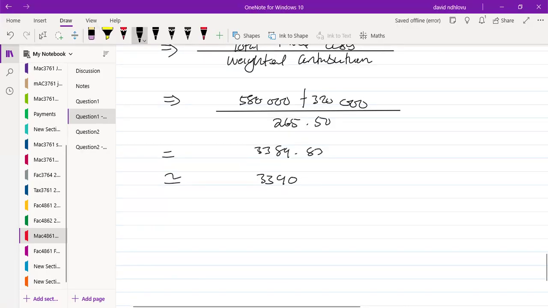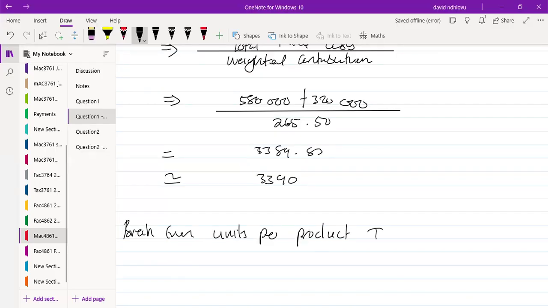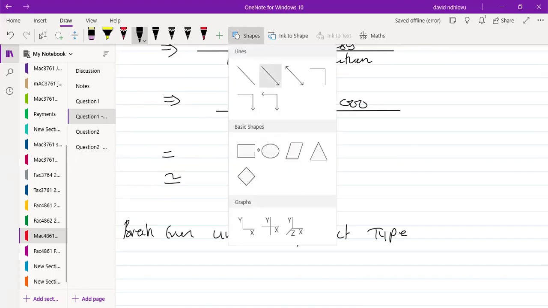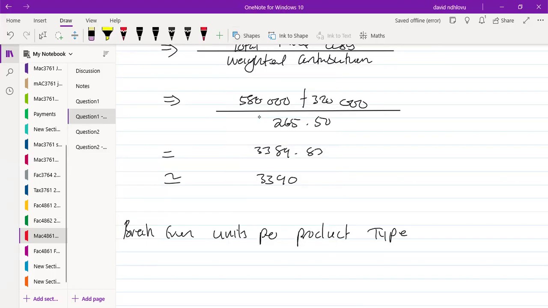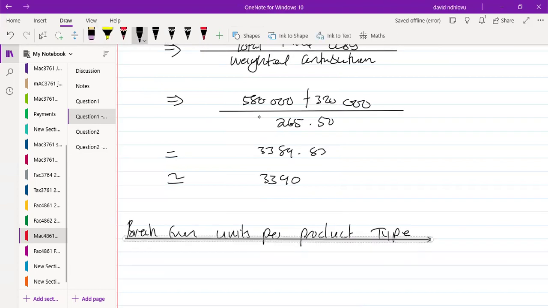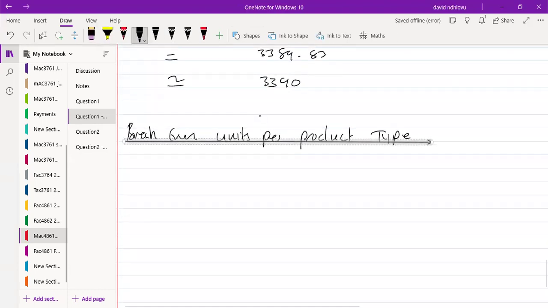Right, then if you want the break-even units per product type, this is what you do. So you'll have your bicycle, you'll have your tricycle, then you'll get that value.